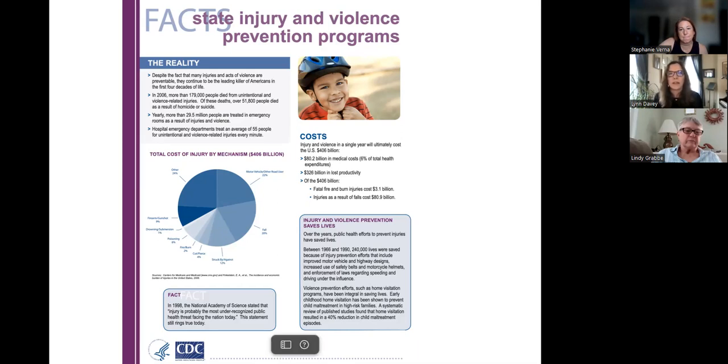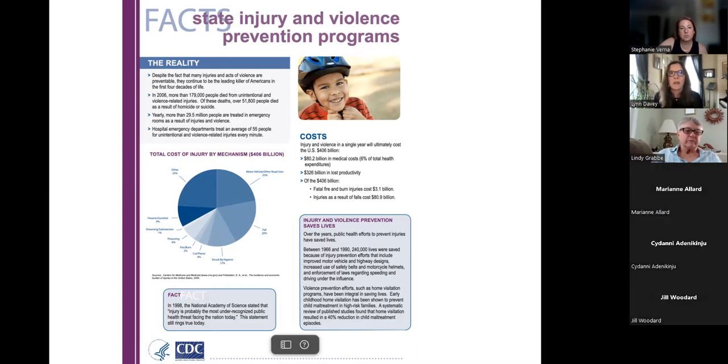One thing I have trouble with is the cost thing, right? Remember how we talked last time that personal attributions of responsibility tend to be the default way that we make sense of people's behavior. In injury and violence, that's an enormous problem.